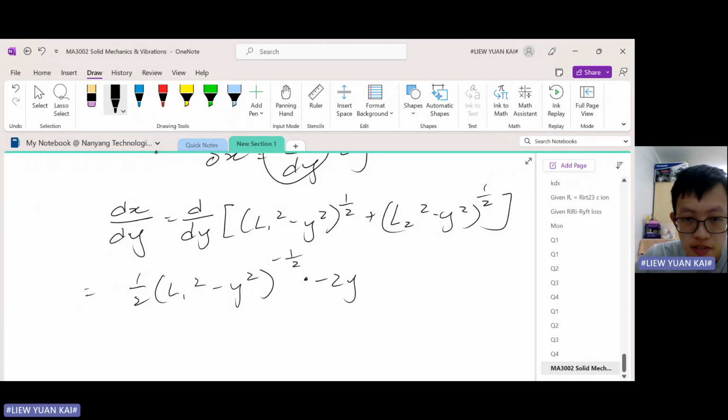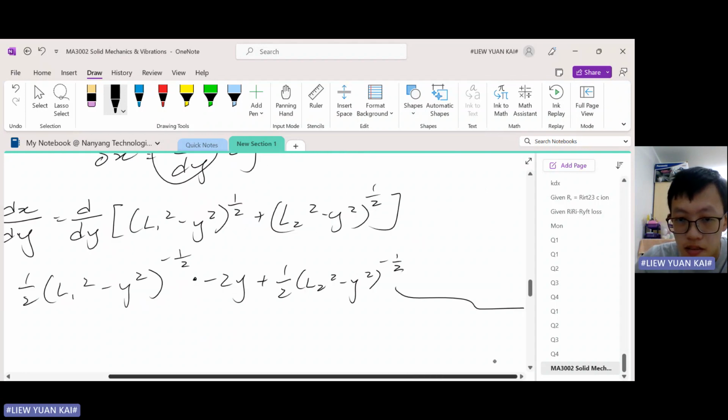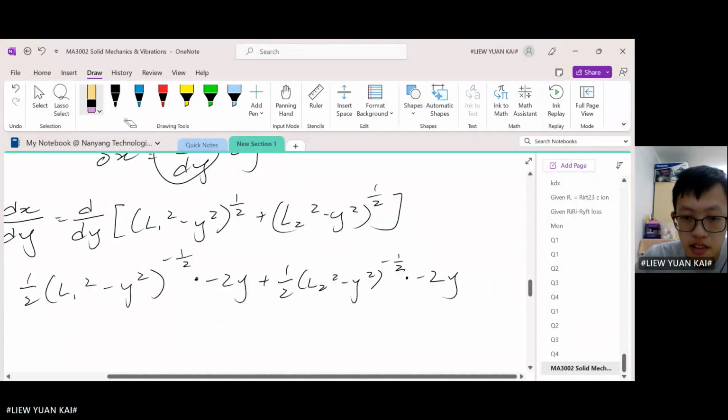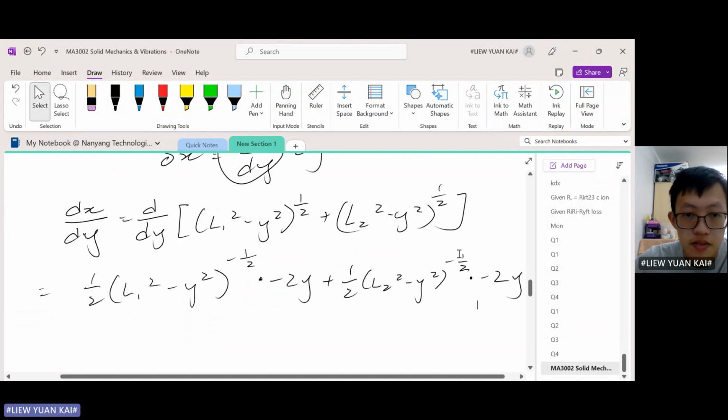Power bring down, power minus 1. Okay, plus, same with this, power bring down, power minus 1, and hold on, I need more space. Multiply by the differentiation of the inside, which is negative 2y.